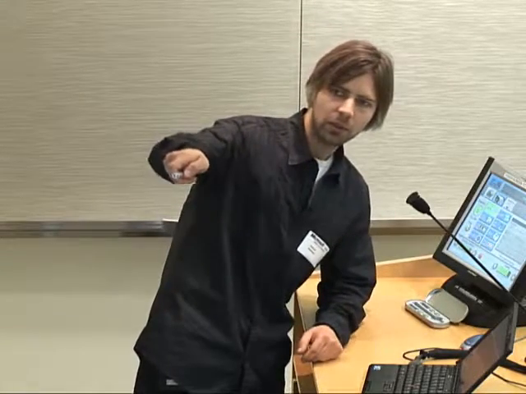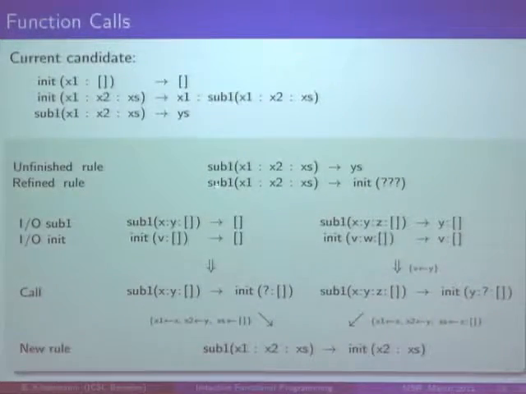So for example, we want to finish the rule for sub1, and we choose init as the called function. And now the question is which argument has to go here. And therefore, we match the outputs of the sub1 examples to the outputs of the init examples.